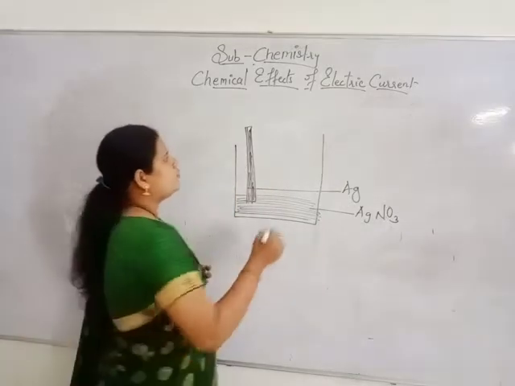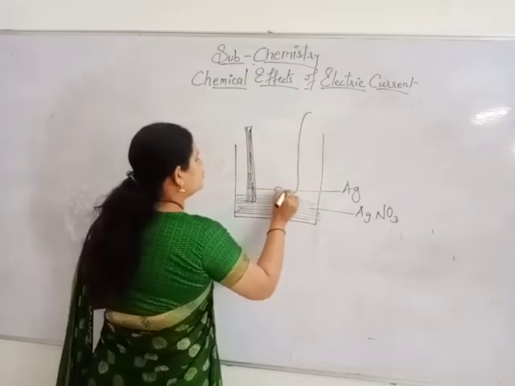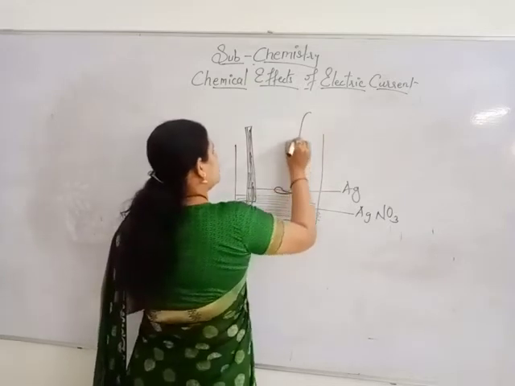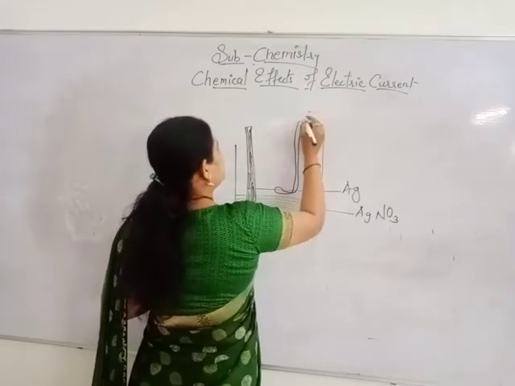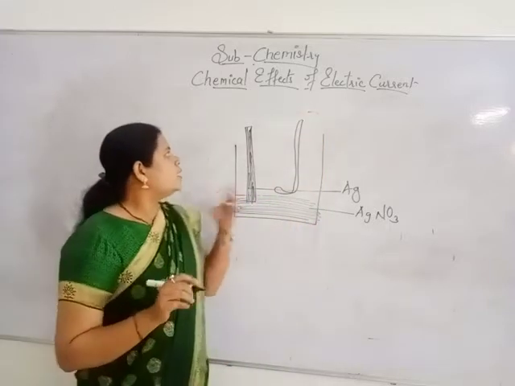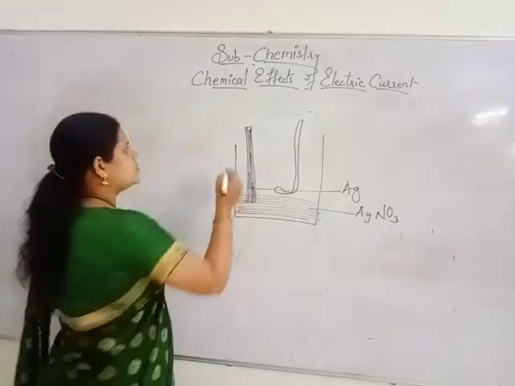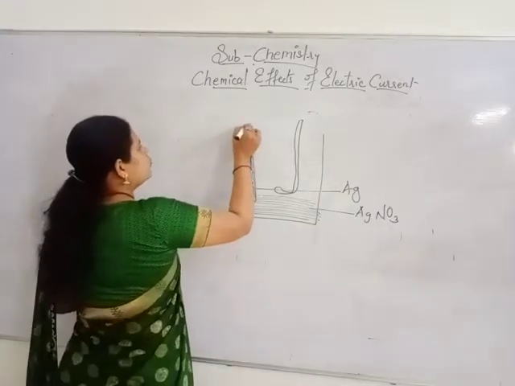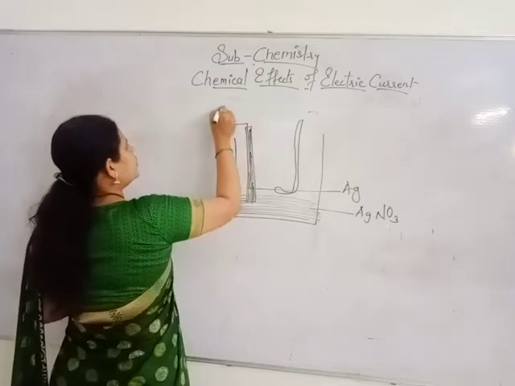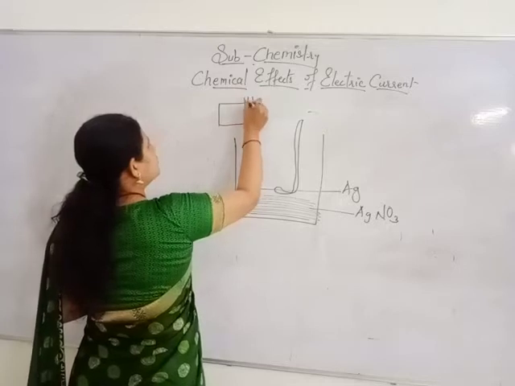Now, on the other end, we have to take a spoon. Obviously it has to be connected with a circuit, so a circuit is required. We are going to make a small simple circuit over here.